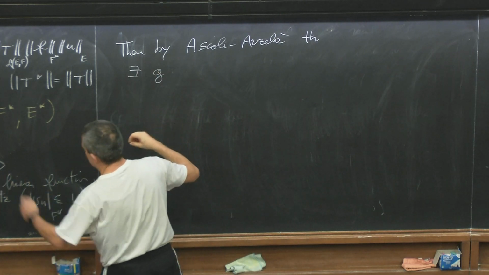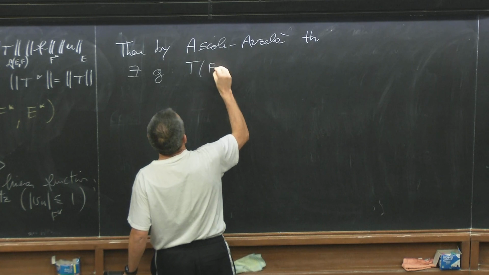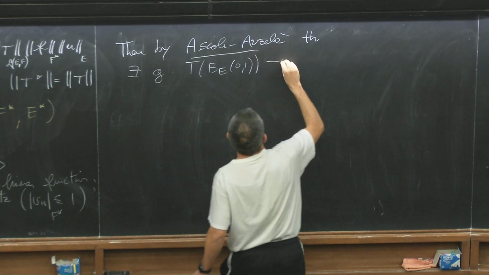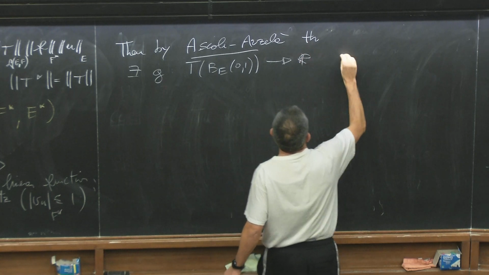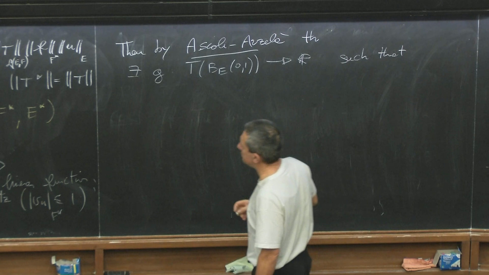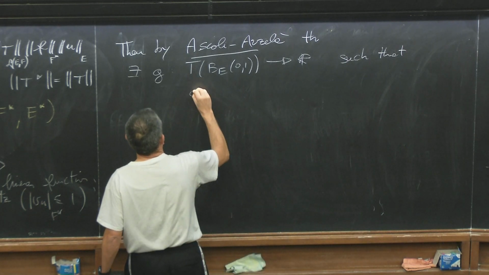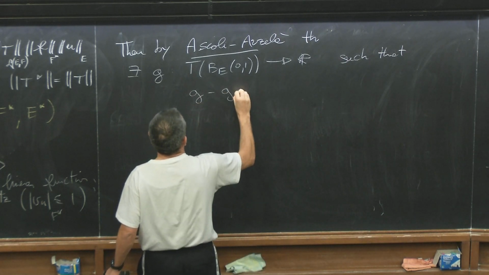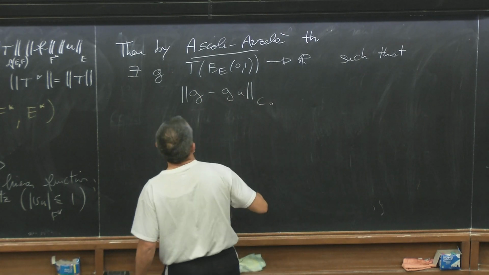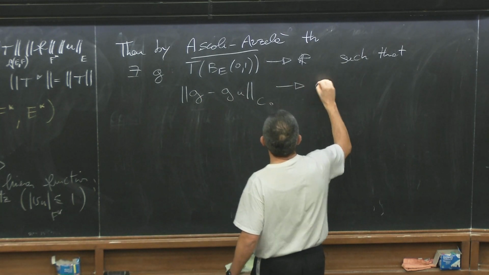So there exists G, which is exactly from that compact set, such that G minus G_n in the C0 norm converges to 0.